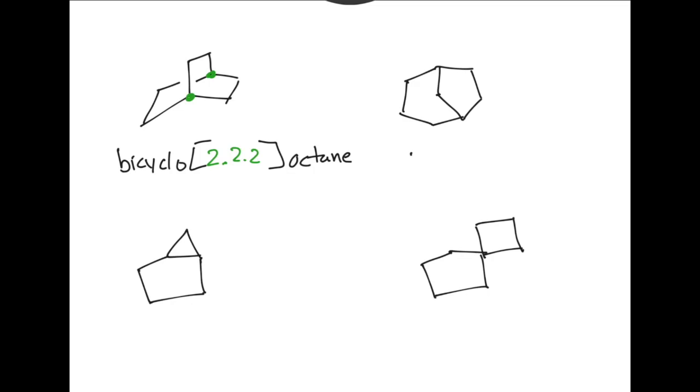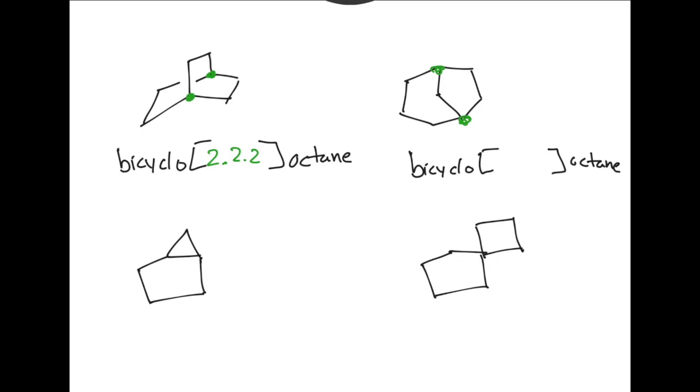So for this one, spiro or bicyclo? Bicyclo again. How many total carbons? Should be 8 again. Shared carbon.